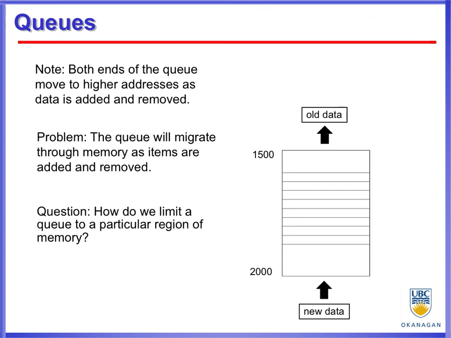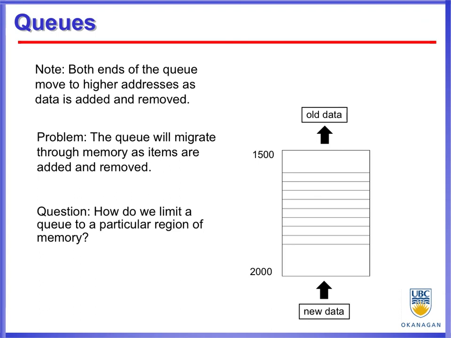So here's the in pointer and out pointer. When a new person comes in, the in pointer goes to a higher address. When somebody leaves off the top, the out pointer also goes to a higher address, right? They both go down. So my queue is going to start migrating through memory as data comes and goes, okay?